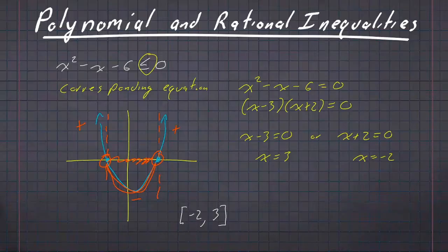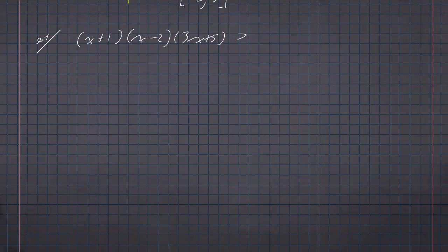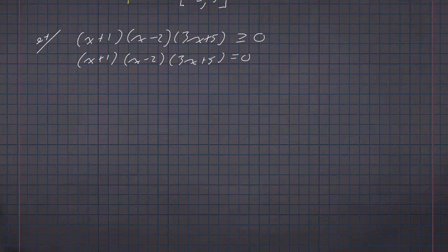So if we want to solve a more general polynomial inequality, say something like x plus 1 times x minus 2 times 3x plus 5 is greater than or equal to 0, we can look at the corresponding equality, x plus 1 times x minus 2 times 3x plus 5 equals 0.